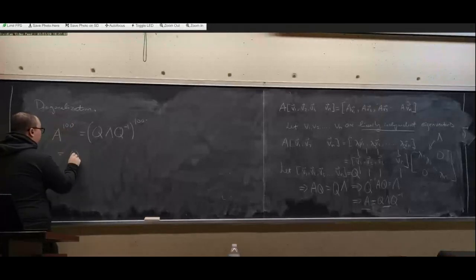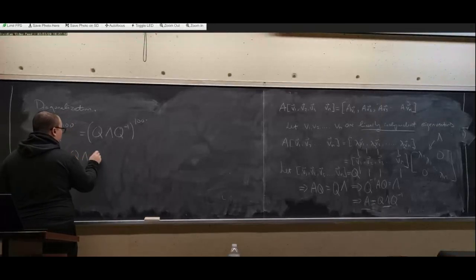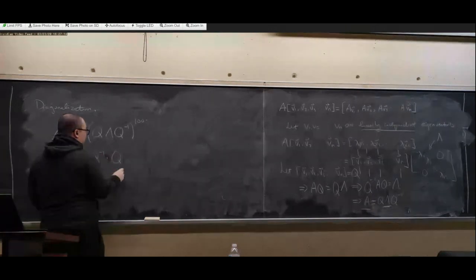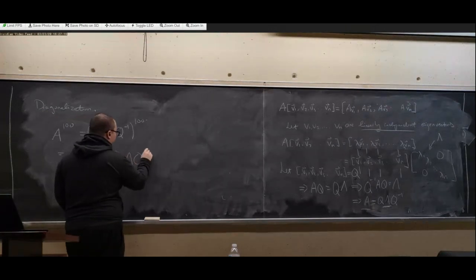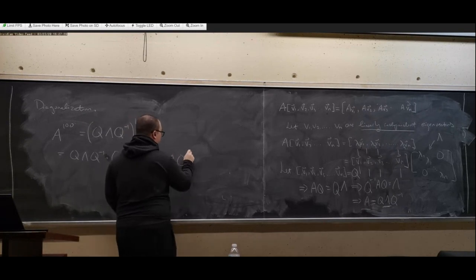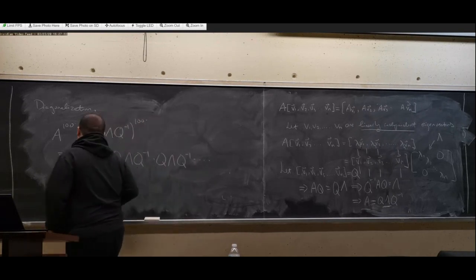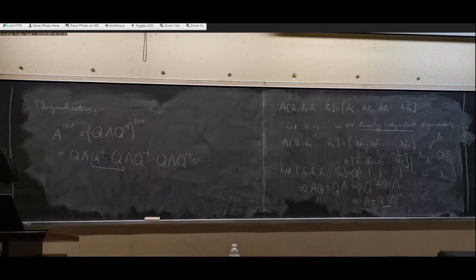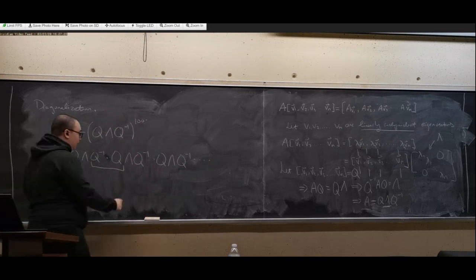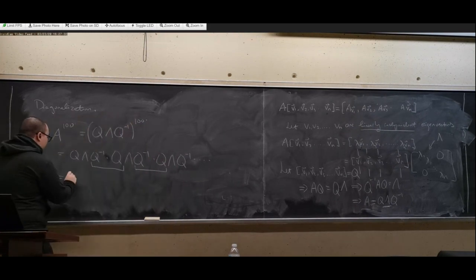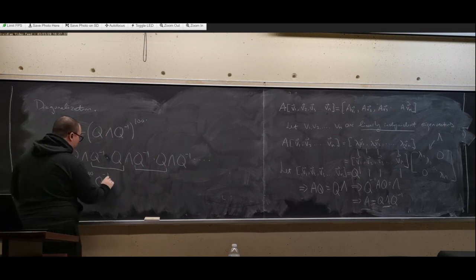So this is Q lambda Q inverse times Q lambda Q inverse times Q lambda Q inverse, and so on. You can see that the Q inverse times Q cancels out and becomes 1. So in the end this just becomes Q lambda to the 100th Q inverse.